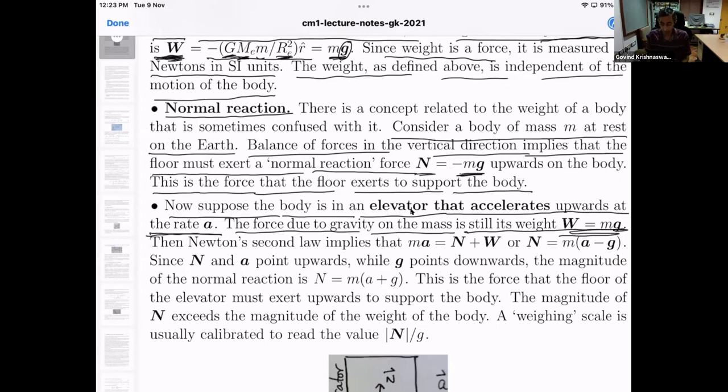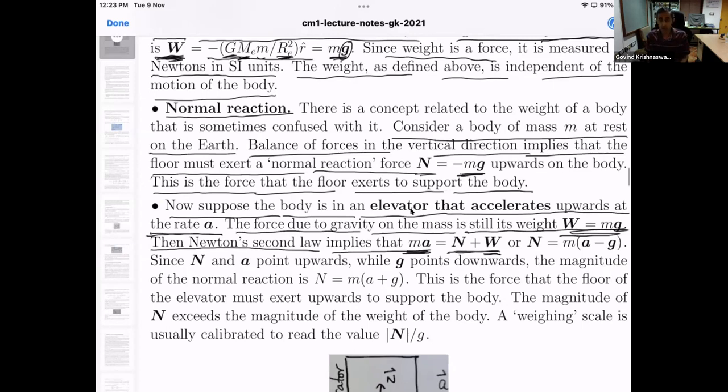Now we can apply Newton's second law to this situation, the body in the elevator, and write down mass times acceleration, which is upwards, is equal to the sum of forces acting on the body. The forces acting on the body are the normal reaction force due to the floor of the elevator, and then the weight of the body.